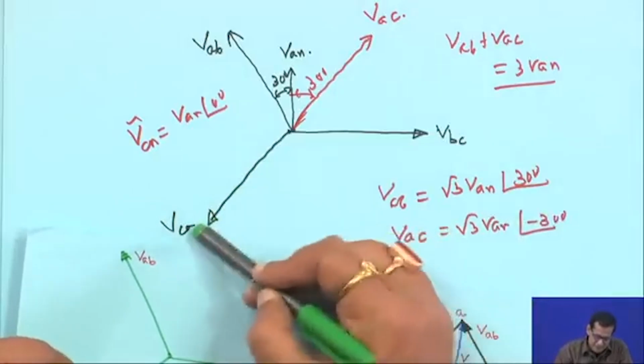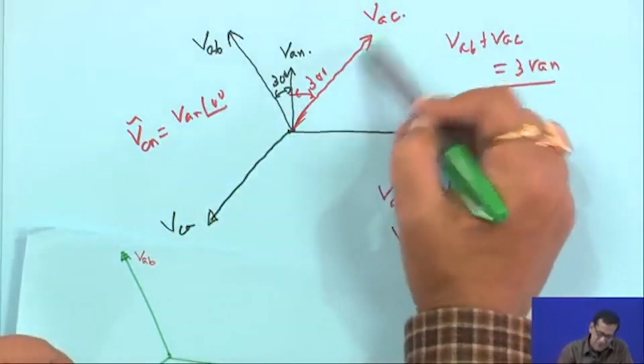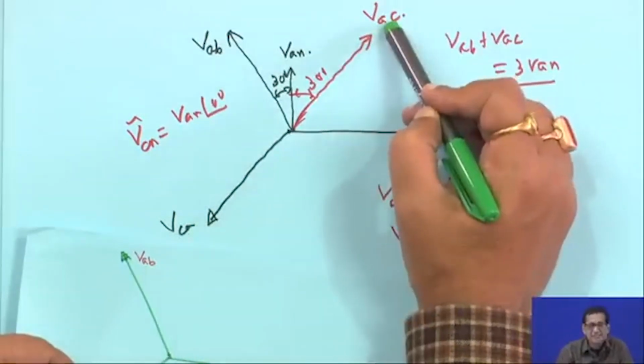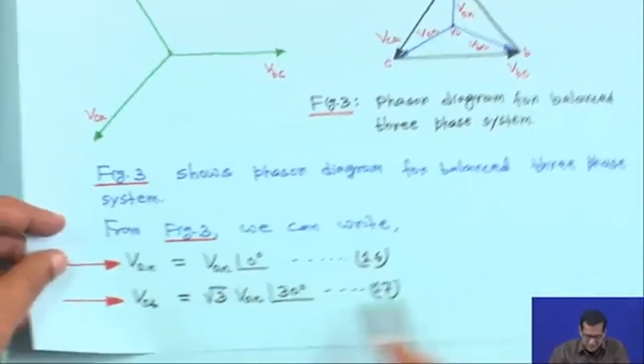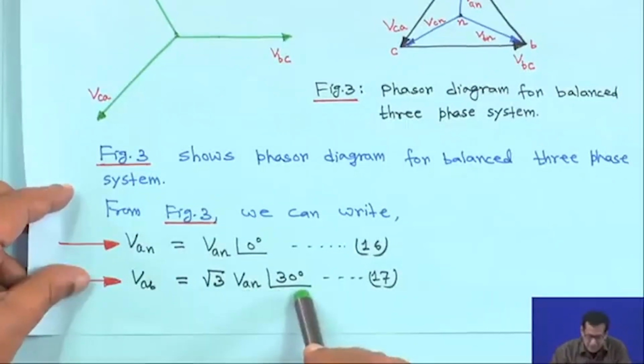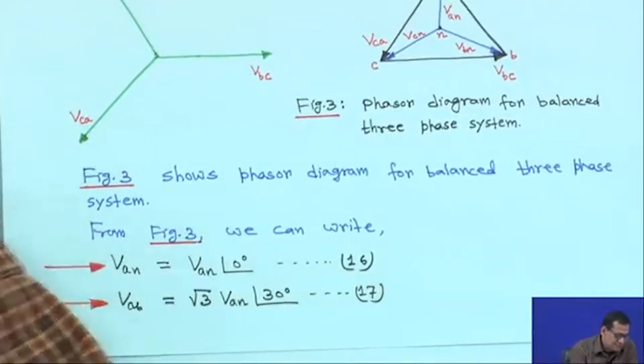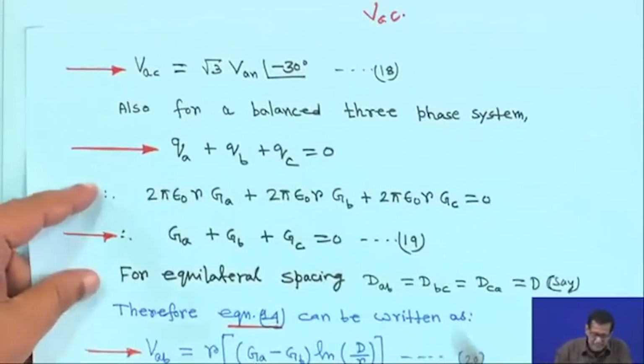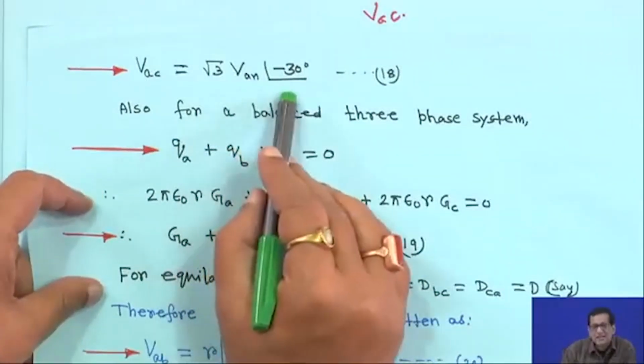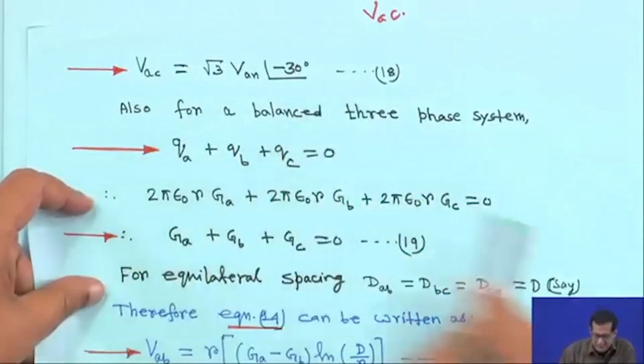VCA is just 180 degrees opposite, we have changed the polarity, so it is VAC. Similarly, VAC is equal to root 3 VN angle minus 30 degrees, this is equation 18.